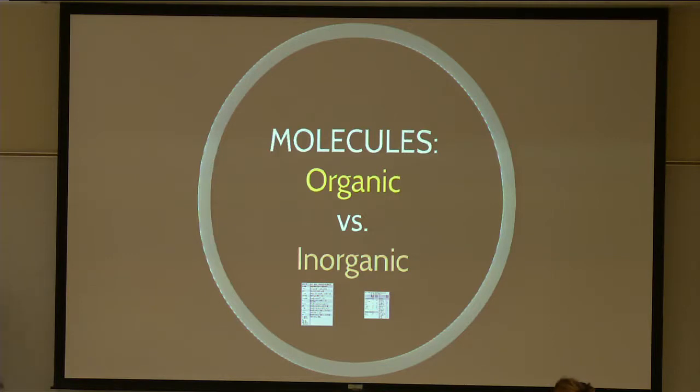With organic molecules, not only a carbon chain, but having at least a carbon to another carbon or a carbon to a hydrogen. One of those two absolutely needs to be present in order for the molecule to be organic. You can have methane, CH4, a carbon connected to 4 hydrogens like so.